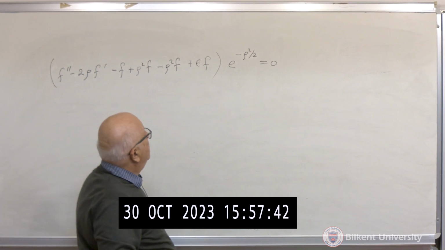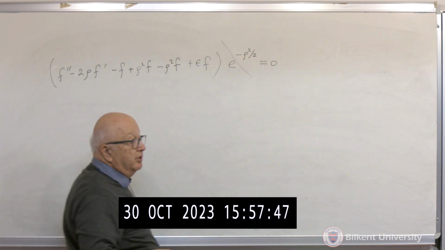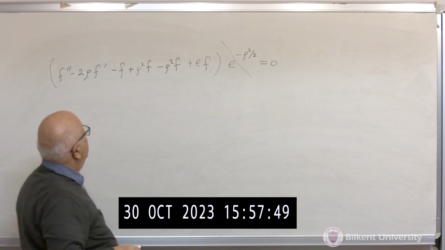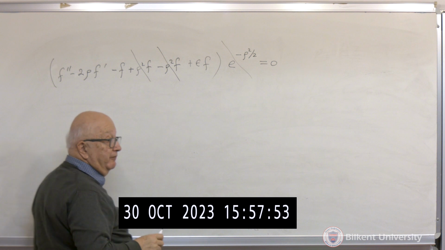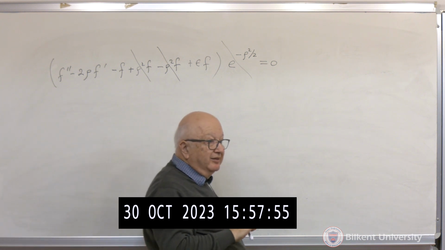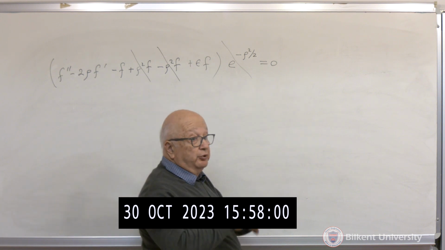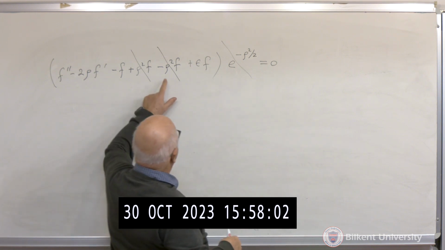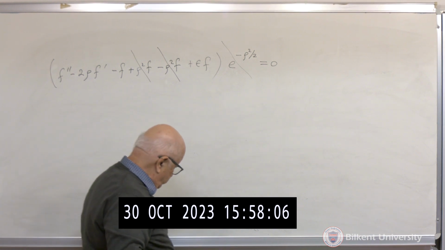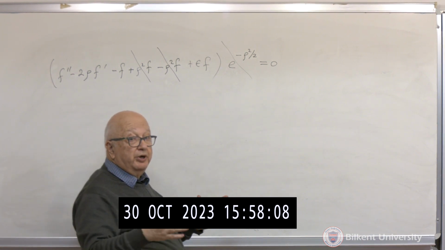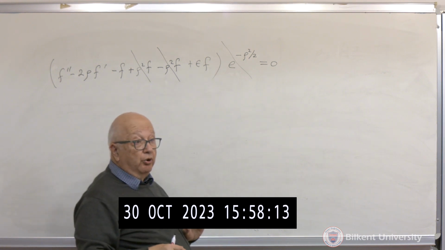So I can cancel this term, which is common to all of them. And you see this rho squared f cancels that minus rho squared f. This is not accidental. That's because we have chosen this asymptotic form based on this term. Remember, we put in 1 over 2 kx squared and solved the equation and obtained this form.